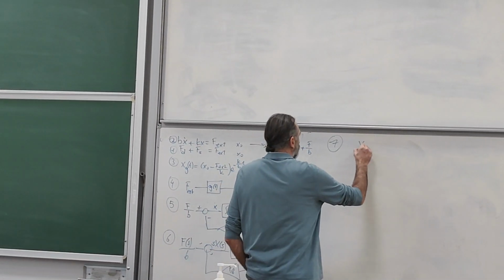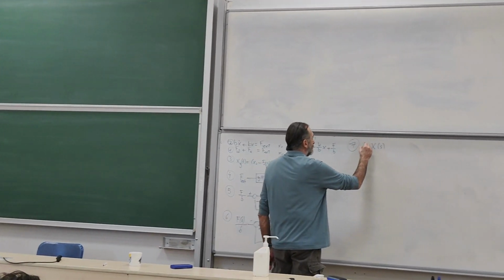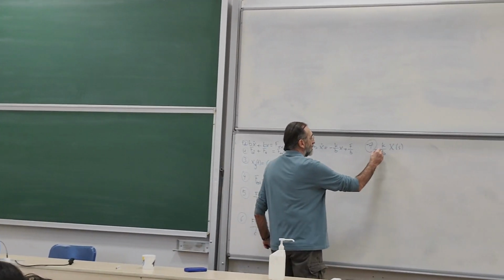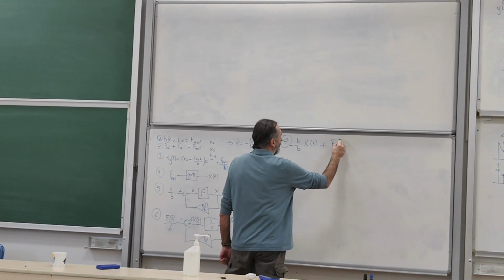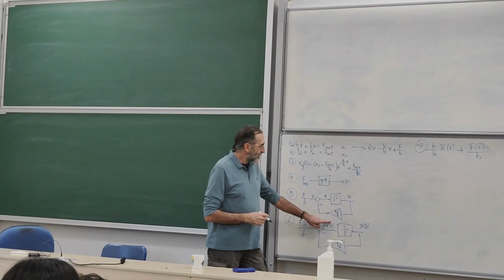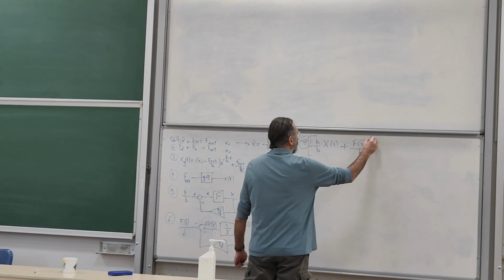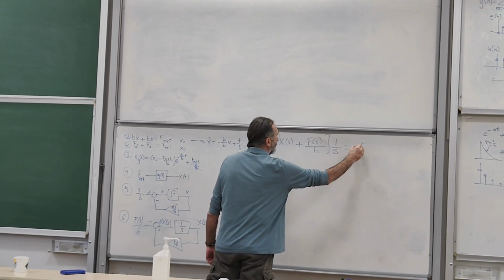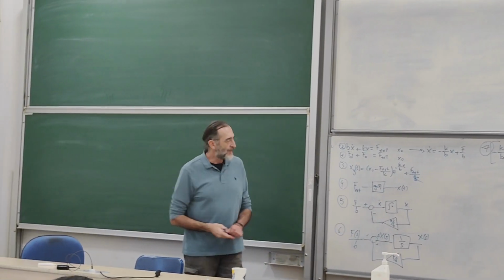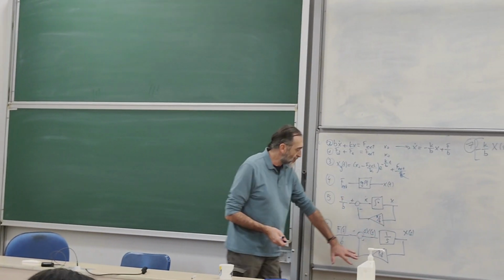X of S times K over B, alright, with a minus sign, added to F of S divided by B, is going to give me X dot of S. I'm going to multiply all this by 1 over S, and I'm going to get X of S. Right? The block diagram, the global information, is giving me what's going on here.